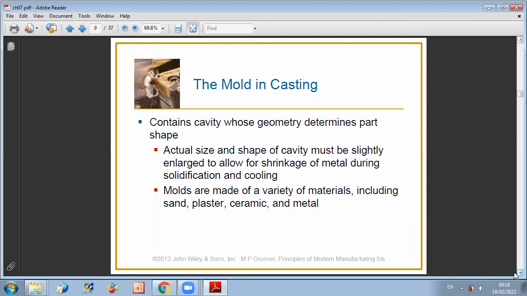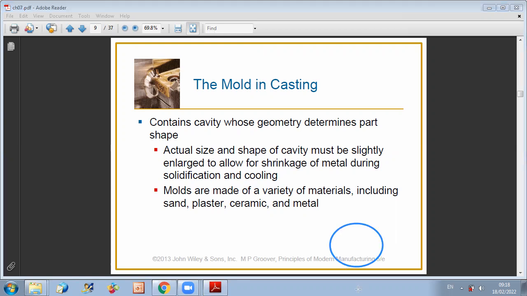Now, of course, the actual size and shape of the cavity must be slightly enlarged. So let's say, as a simple example, you have to produce a sphere of diameter 20 centimeters. You will not design your mold cavity exactly equal to 20 centimeters, because when we have solidification, we have the phenomenon of shrinkage.